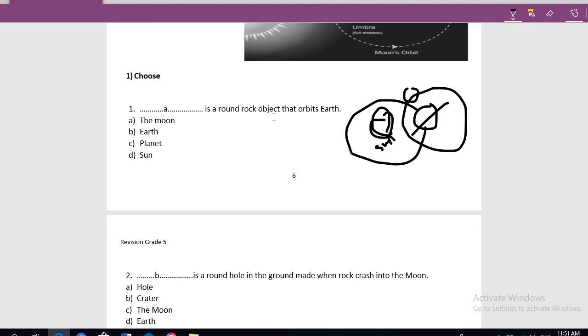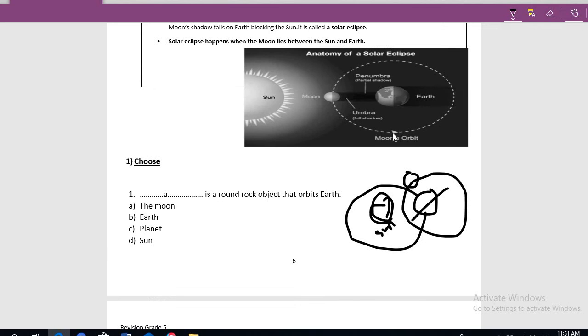A round rock object that orbits Earth is the moon. Look, the moon here orbits Earth. The moon orbits or revolves around the Earth, while Earth revolves around the sun.